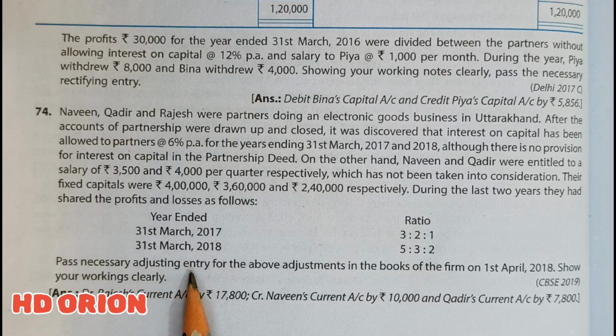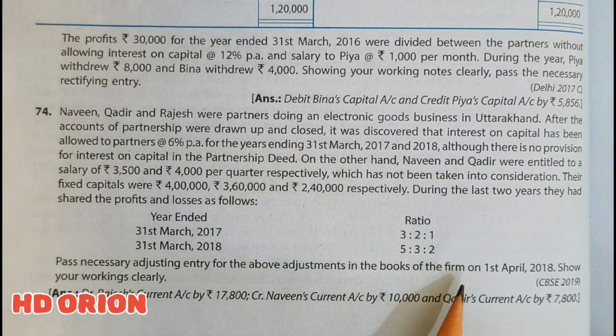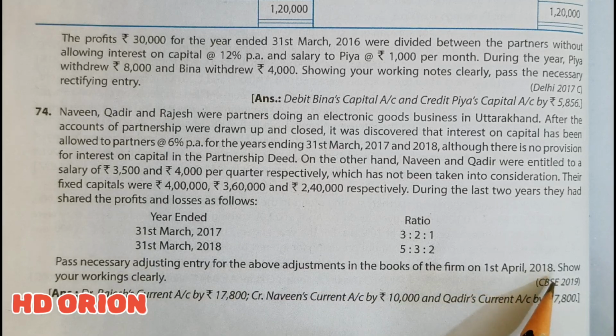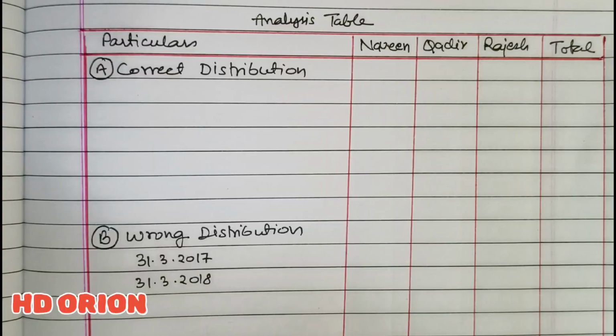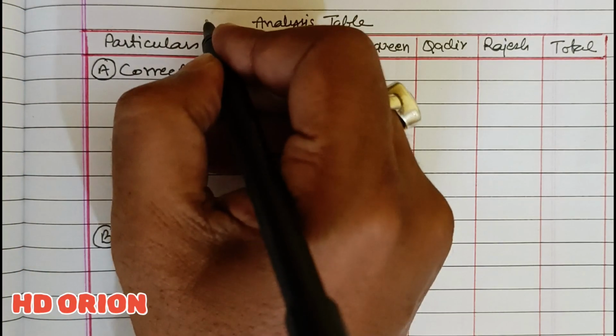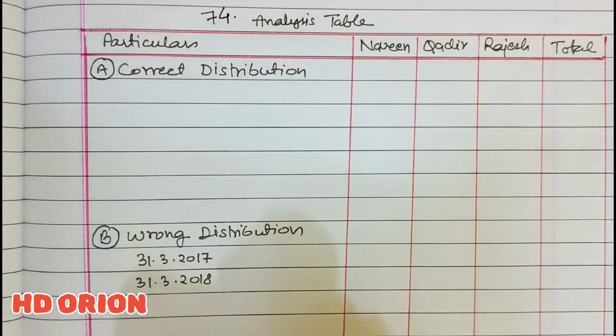Pass the necessary adjusting entry for the above adjustments in the books of the firm on 1st April 2018. Show your workings clearly. So let us see the detailed explanation of this question in the solution. So solution 74 we will see.